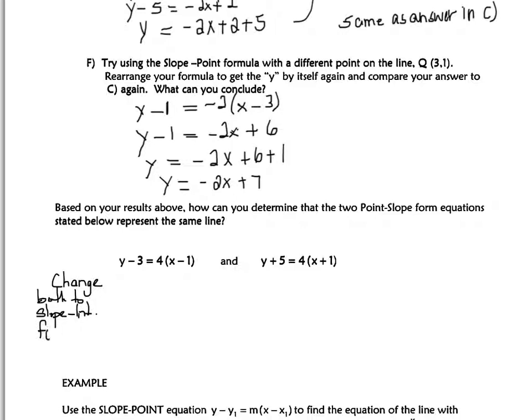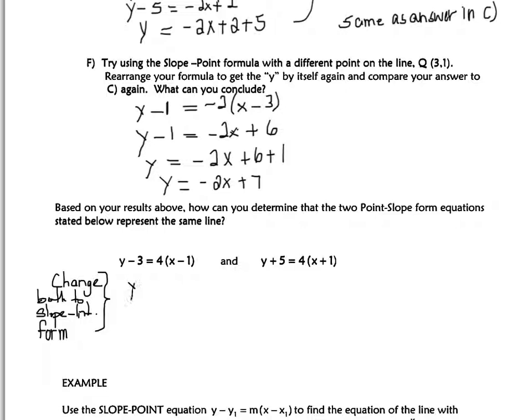Because when it's in that form, there's only one slope and there's only one y-intercept. Slope point form, of course, you could use any point that's on the line, so there'd be lots of different answers, even though they all represent the same line. And to show that, we can change them to slope-intercept form, because if they represent the same line, they should have the same slope-intercept form.